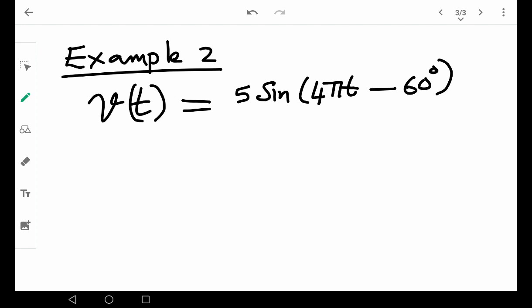Okay. Whenever you get a sine waveform, you have to convert it into a cos waveform. How to convert sine to cos is like this.